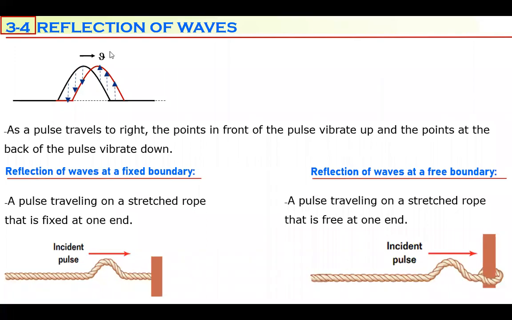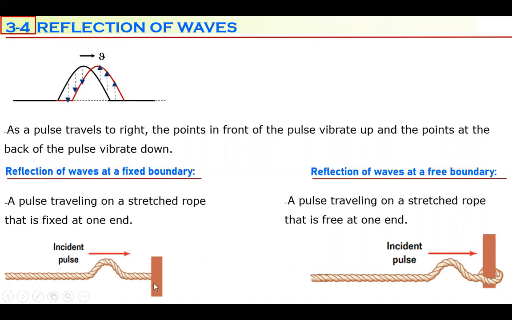First, we should know that if a wave is traveling in one direction, for example to the right, the particles in front of the wave vibrate up, but the particles behind the wave vibrate down.